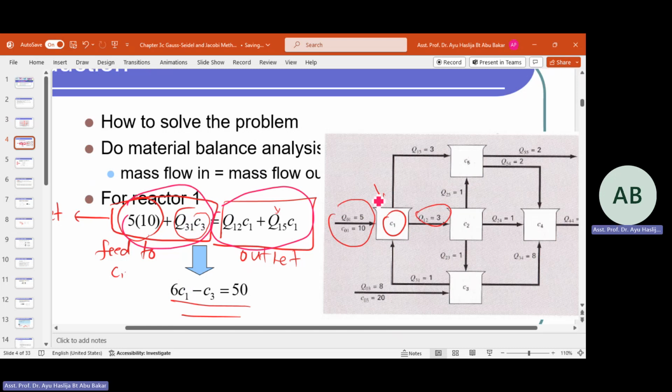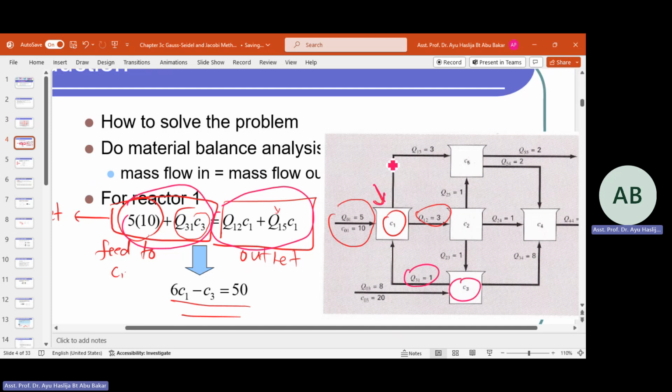We focus on reactor 1. The inlet is Q1, C1, and Q31 from reactor 3. The outlet from reactor 3 enters reactor 1, so it brings together the feed. So we need to know what C3 is.